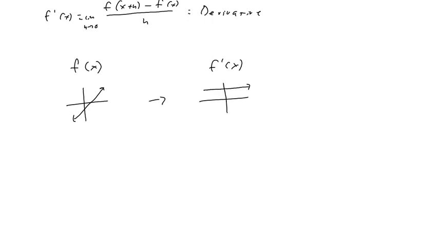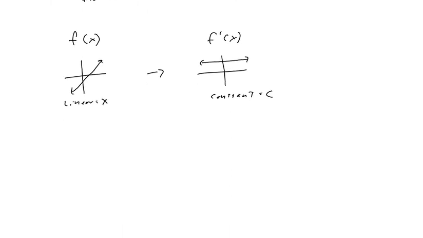So linear became a constant. Every time you had a line as an equation, like x or 2x or negative 3x, the derivative of that line was a flat line, a constant, some constant number c.